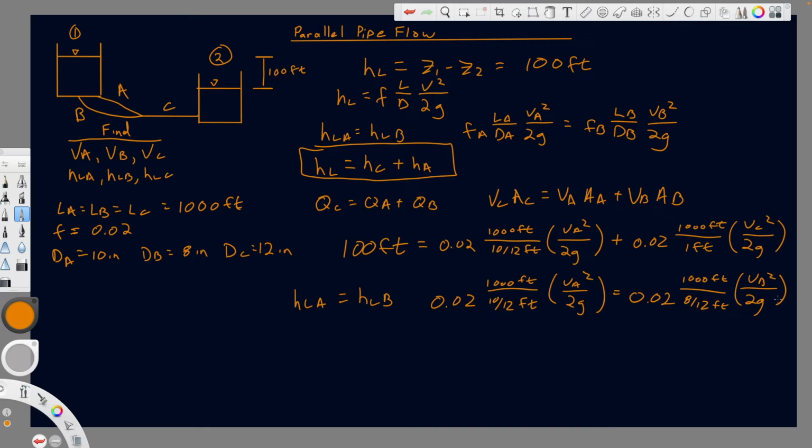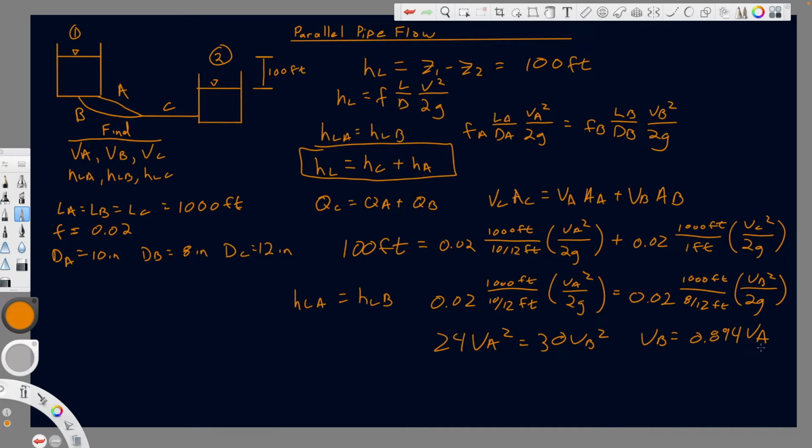Okay, so now we can solve down, essentially we get 24 VA squared equal to 30 VB squared. And so we can say the velocity of B is equal to 0.894 VA.